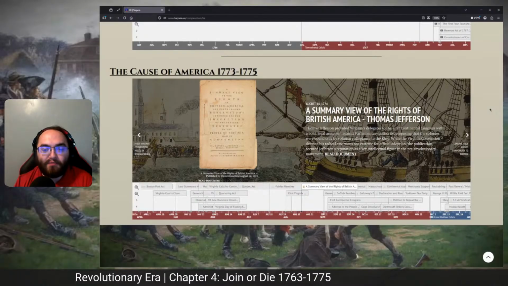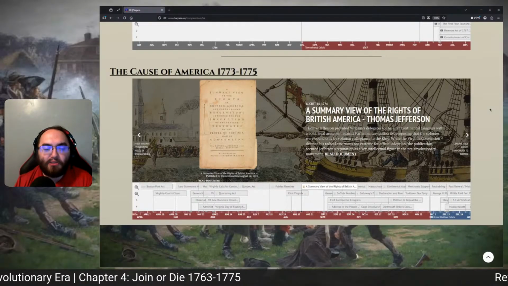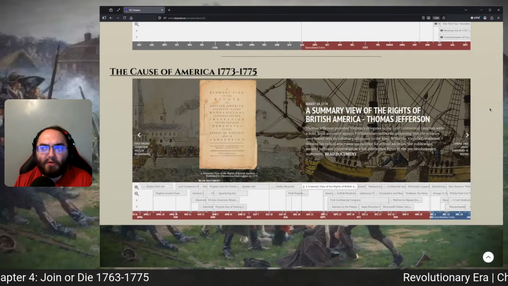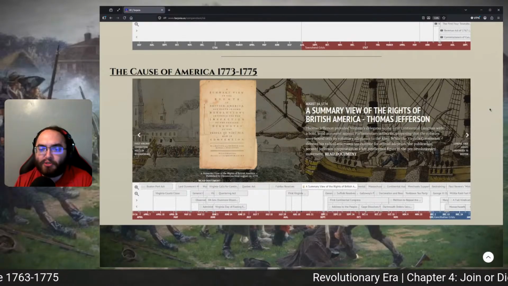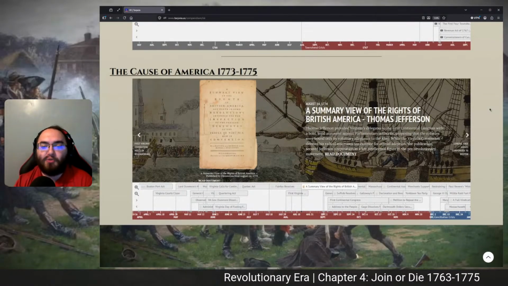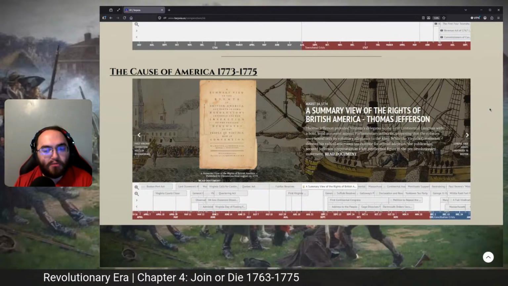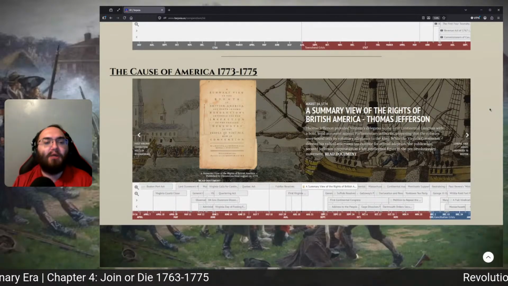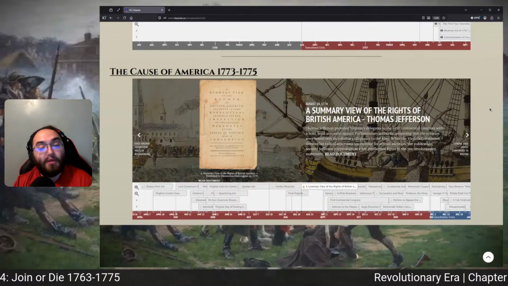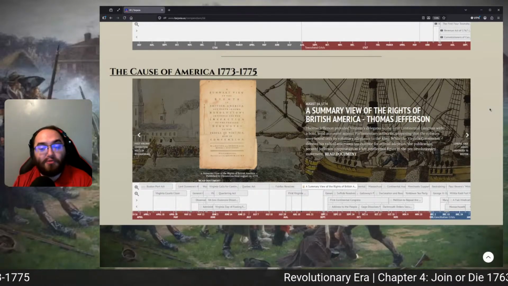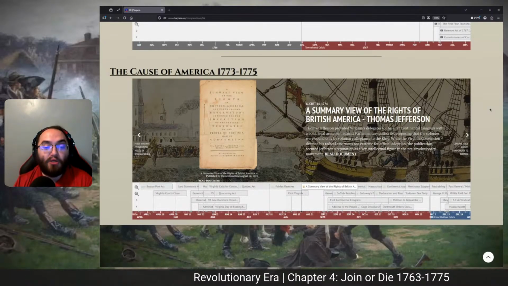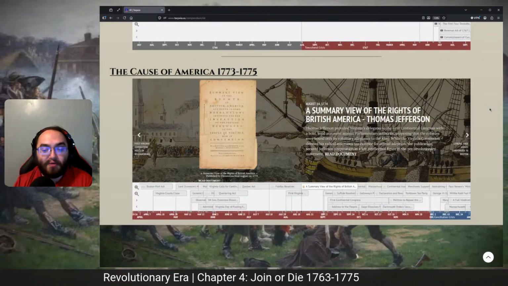And so Thomas Jefferson is writing this to get his name out there, but also as a resource that he hopes the First Continental Congress will use, which they don't, at least in the First Continental Congress, but it does make him popular. And for the Second Continental Congress, he will be chosen to write the Declaration of Independence.